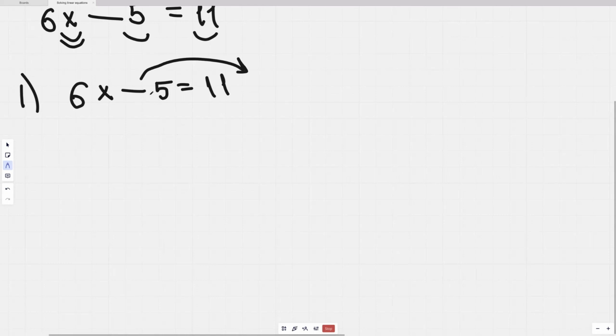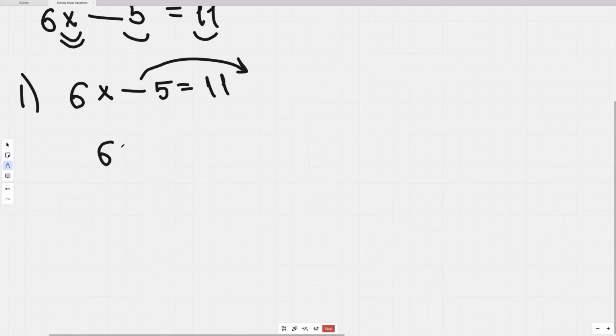In moving numbers from one side to another, the signs will be changed. Like this is -5, and if you want to move it from one side to another, it will be +5.